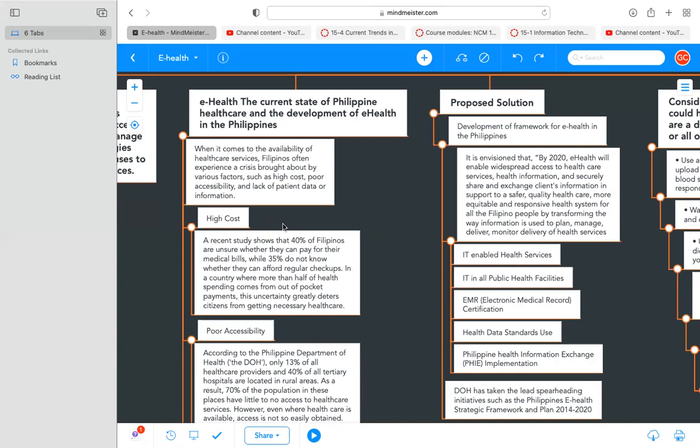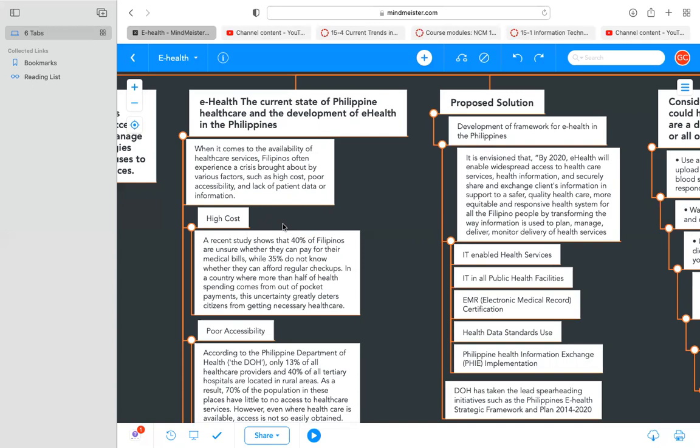So internet signal, cell phone signal is not accessible in some areas. So, poor accessibility and lack of patient data or information is also one factor that, of course, affects how Filipinos access healthcare services.